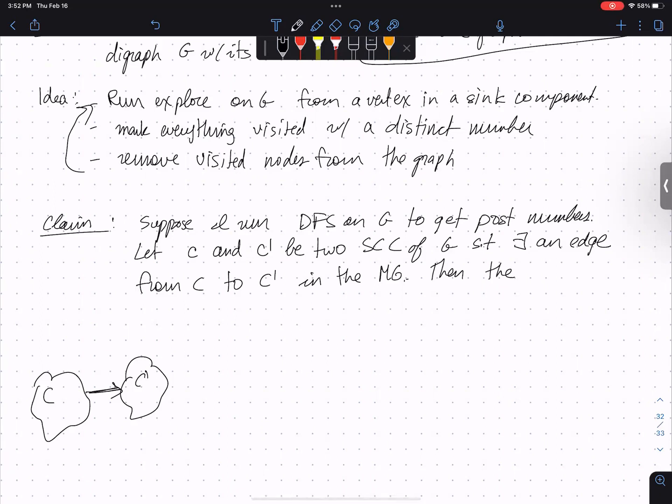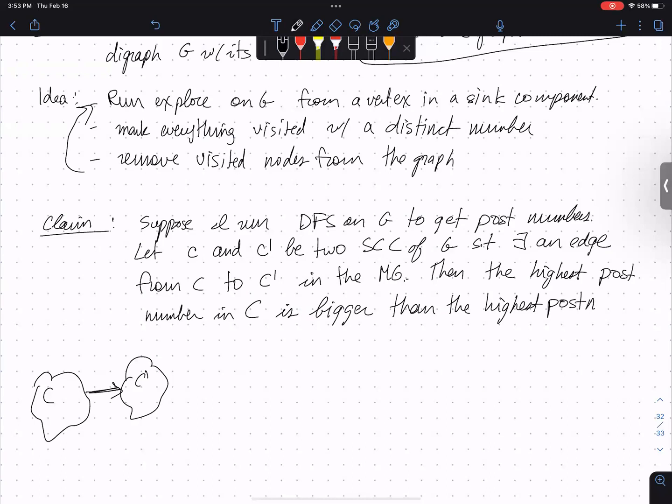Then the highest post number in C is bigger than the highest post number in C prime.